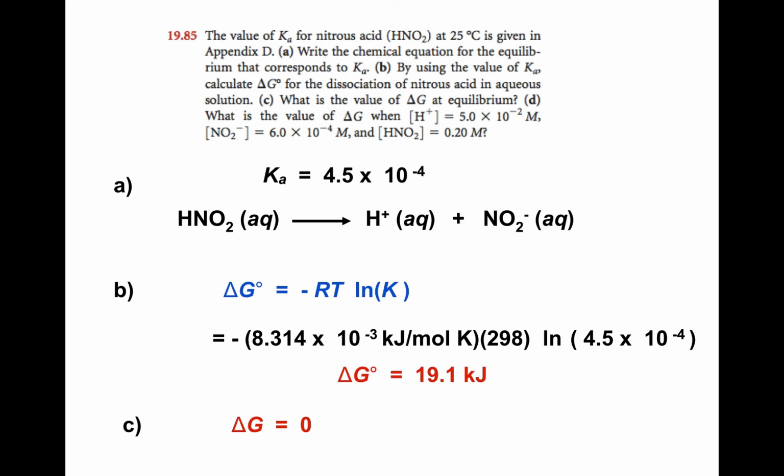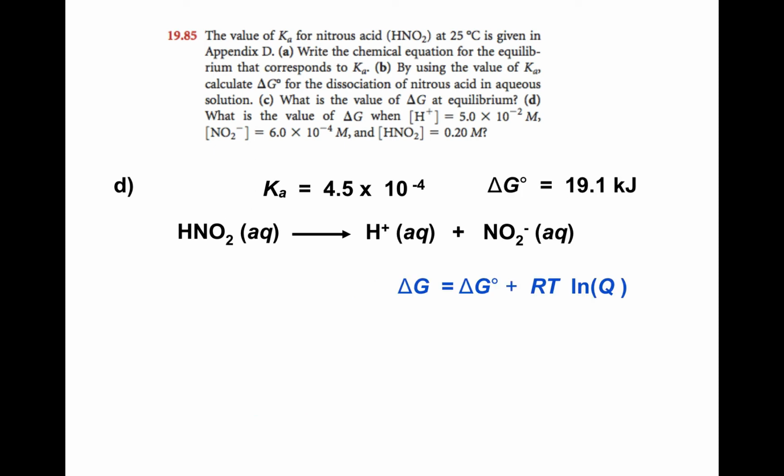So that's that. D, what is the value of G at non-standard conditions if I have these concentrations? So again, we're using this relationship between G naught and G and the reaction quotient to solve for, in this case, what the free energy value is.